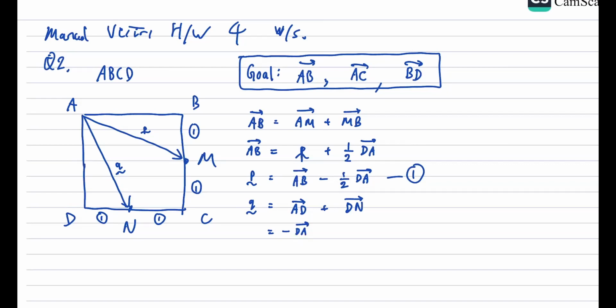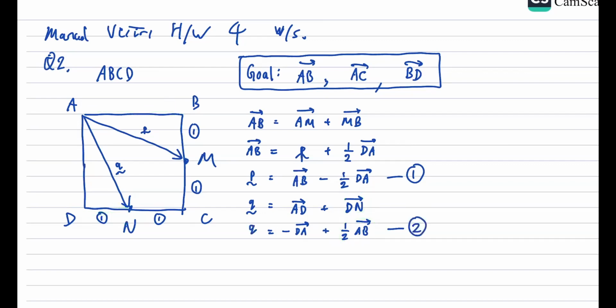Then DN is half of AB. Can I check that the direction is the same and the magnitude is the same? DN over here, AB over here. Then you half it. Same direction, but halved, so same magnitude as well. Okay, so it's equal. Good. This is equation 2.